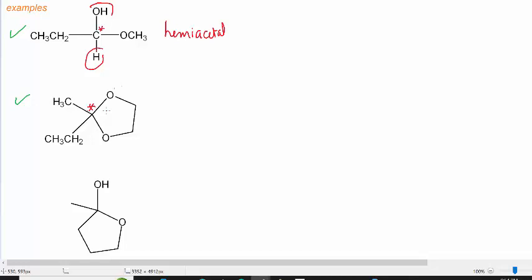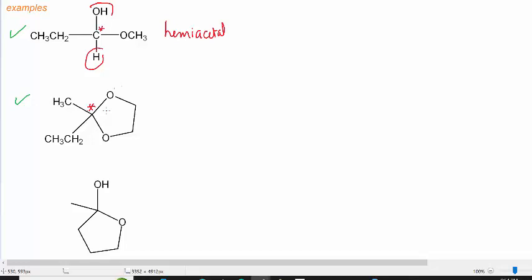If there is, it's a hemispecies, but you can see clearly there is not. No OH. This must mean that it's a full-fledged acetal or ketal, right? To tell which, look at the starred carbon and see if there's at least one hydrogen attached.